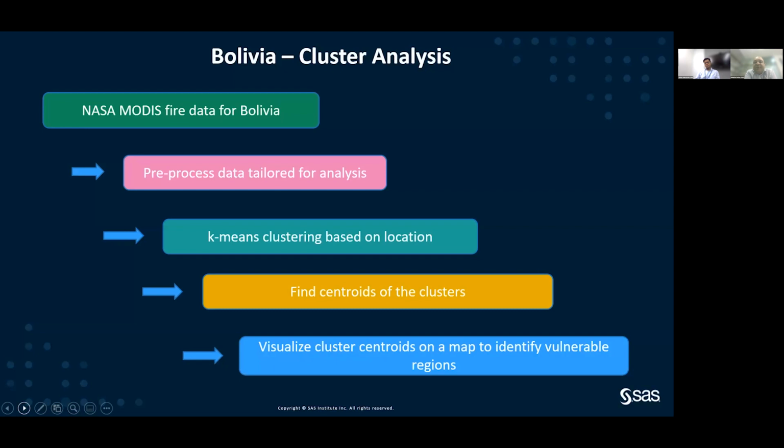And once we clustered the data, we found the centroids for each of the clusters, which is essentially like a midpoint of each of the clusters, which can actually help us to determine the locations for the base stations.